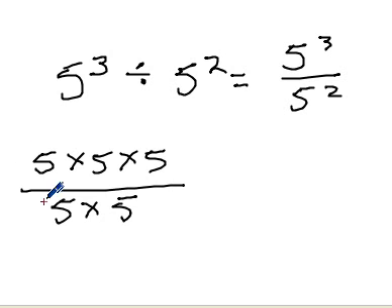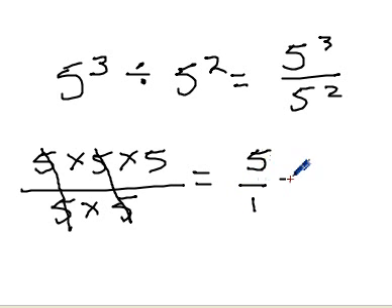Now when you look at this division, you know that 5 divided by 5 is going to equal 1, and the other 5 divided by 5 is also going to equal 1. So they cancel each other out, because you're just multiplying by 1, which has no effect on the product. So you're left with 5 over 1, which is equal to 5.